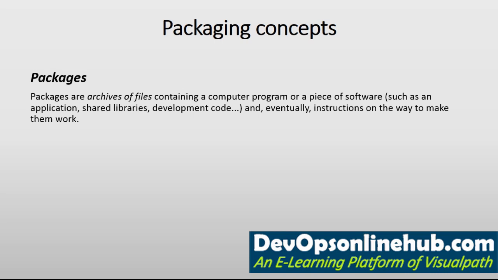The software can be an application software or a set of libraries or development code that are bundled together and eventually are instructed to make them work and produce certain results. That is a formal definition of a package. The package can be a source program or source code, or it can be an executable file.